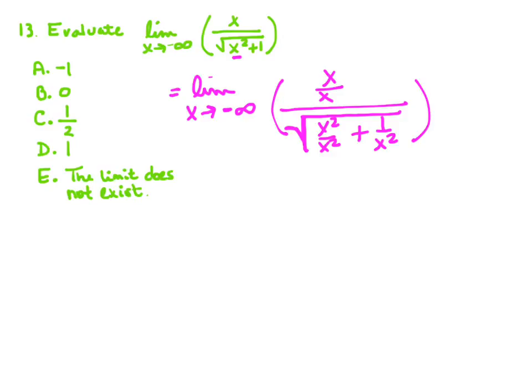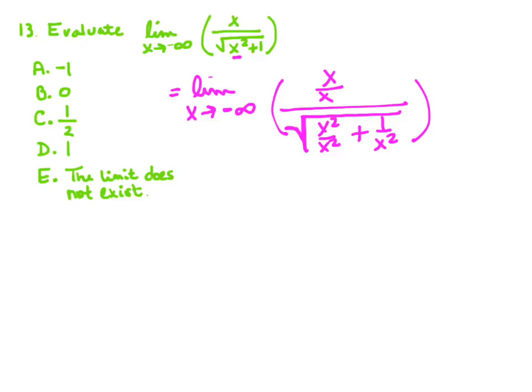Now, what's tricky about this question is that my x is going to negative infinity. And so when I divided by x in the numerator, what I was really doing, or what I should have written, is that we're dividing by a negative x.